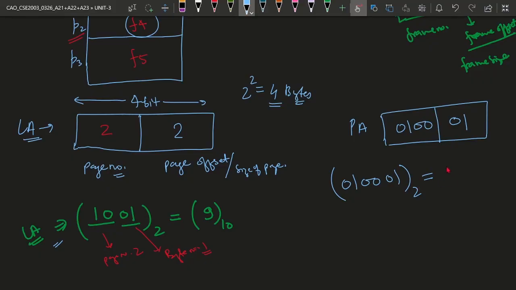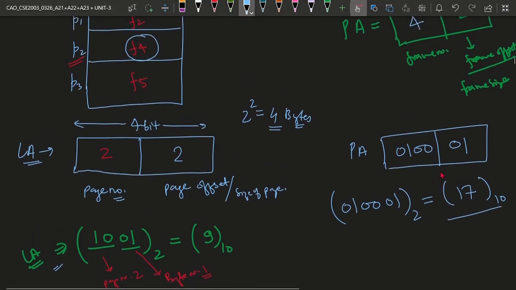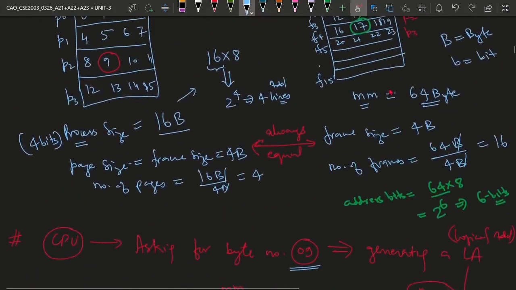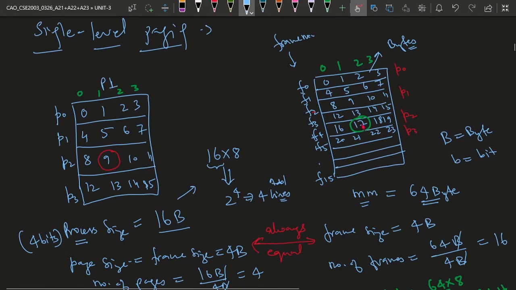Converting it into decimal, it is 16 plus 1, 17. That means the 17th byte location in the main memory stores what the processor wants. You can see that the 17th byte location has the 9th byte location of page number 2. That is what the processor wants.